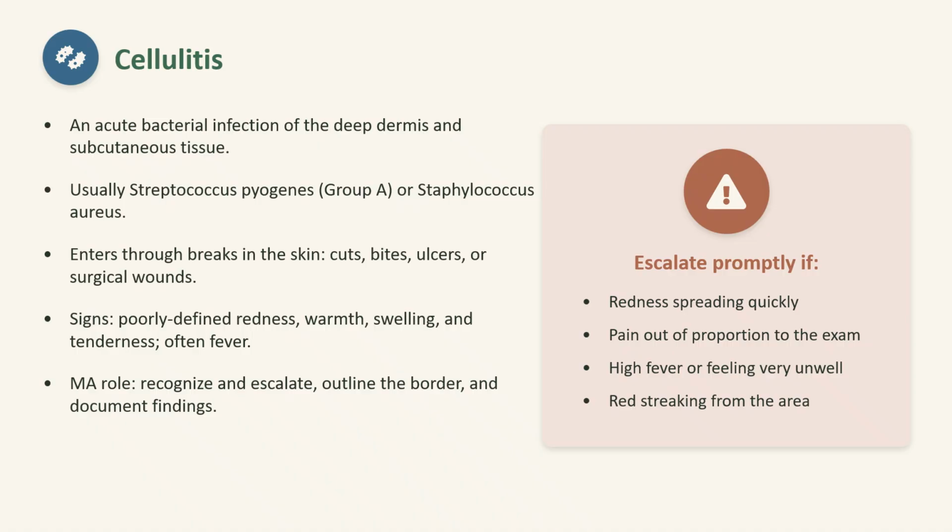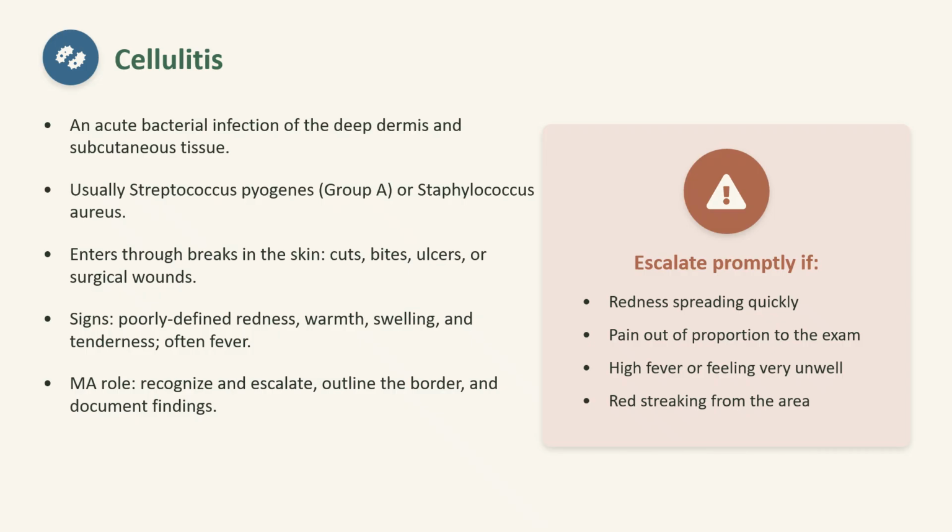The bacteria get in through a break in the skin, cut, an insect bite, a chronic ulcer, a surgical wound, things like that, which is one more reason skin integrity and wound care matter.